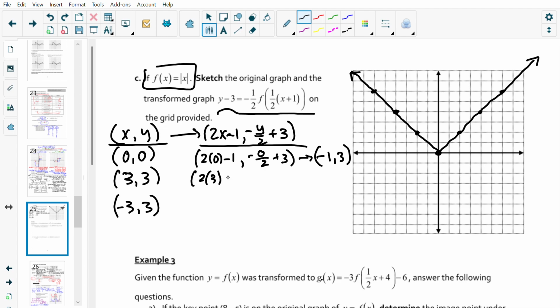So here, 2 times 3 minus 1, comma, negative 3 divided by 2 plus 3. What happens there? That is 2 times 3 is 6 minus 1 is 5. And negative 3 halves, 3 is 6 halves, right? So that becomes negative 3 halves plus 6 halves is positive 3 halves, which is 1.5. Okay, I'll say 3 halves.